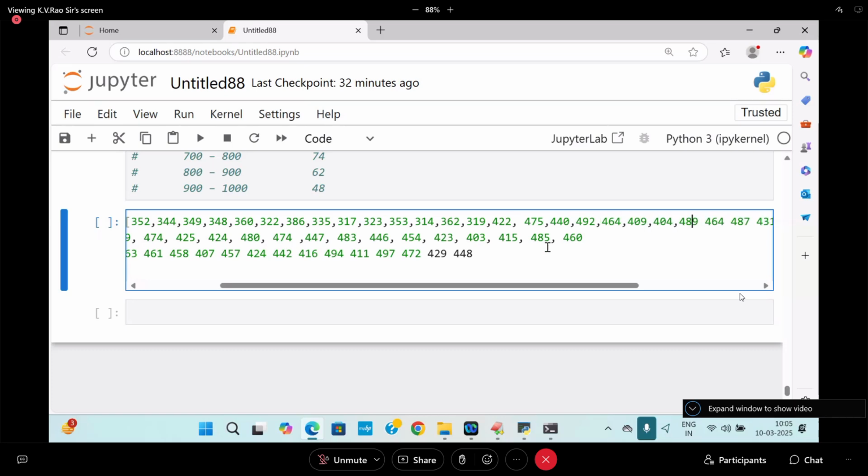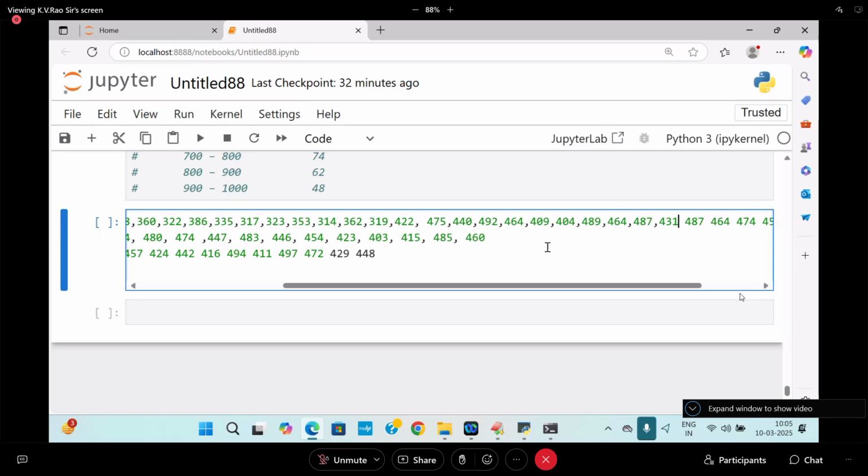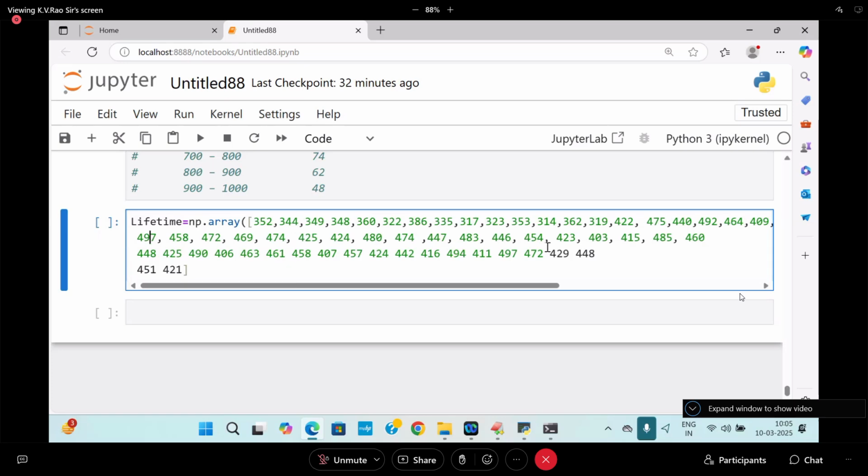All the values need to be separated by comma, according to the given problem I am taking into consideration. After going home, you can try without typing the commas manually. How to try, you do it. If you succeed, you are a great student.